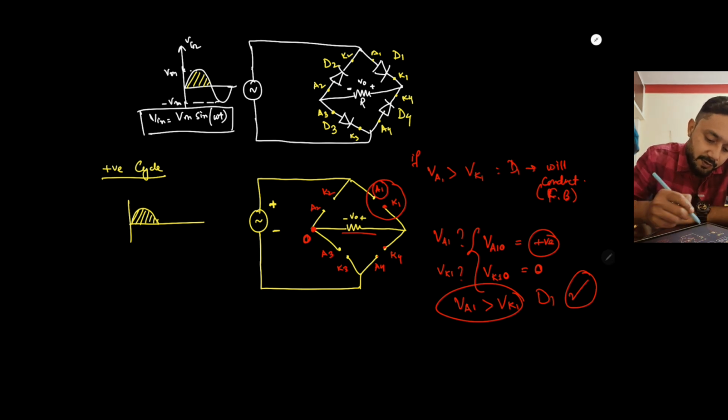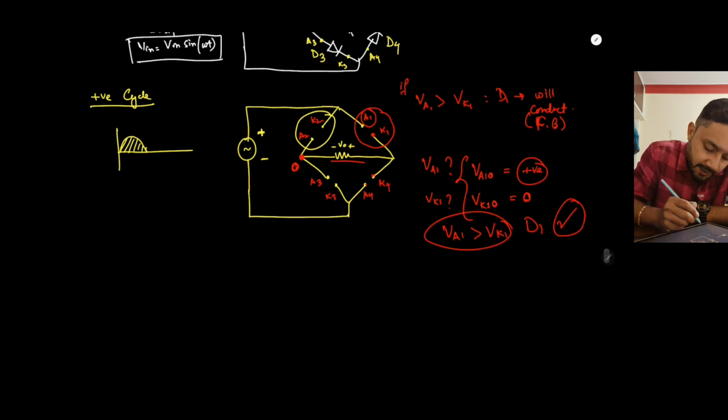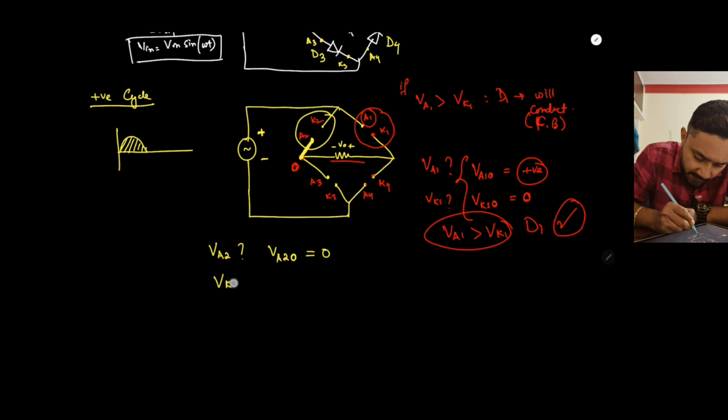Now let's check the second diode. What is VA2? VA2 with respect to the reference: we can see that the reference and VA2 are at the same potential, so it will be 0. What will be VK2?